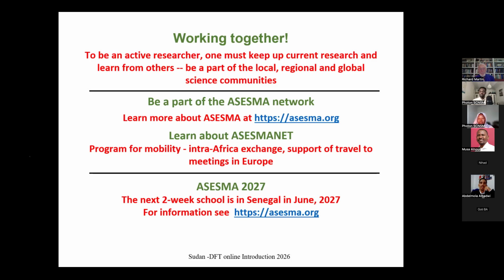There's a lot of poor quality papers, and to some extent our field has a bad reputation because it's relatively easy to do calculations on complex systems, but if it's done without knowledge, without care, without knowing where one can make mistakes, then you're not contributing to our global science community.